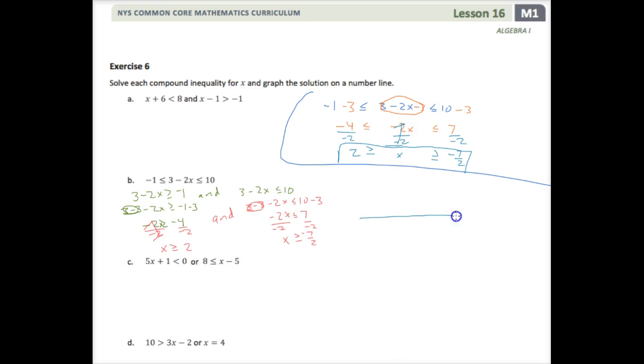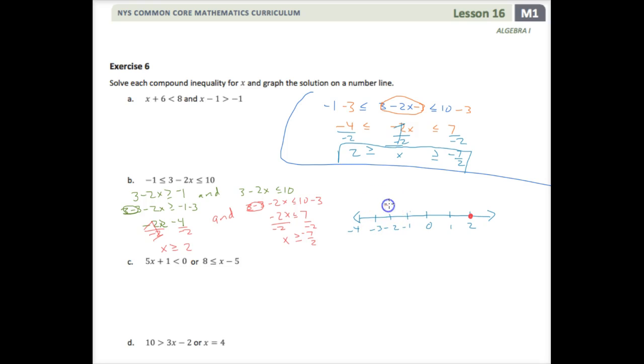So I'm going to go ahead here then, and I see that I get to have some solid dots again. Sorry guys, excuse me. 1, 2. I'm going to go ahead and make that 0, 1, 2. And then I'm going to come down here, negative 1, negative 2, negative 3. I'm going to give myself one more, negative 4. So 2 is pretty easy to find. Go ahead and give ourselves a nice solid dot on 2. And then x is between that and negative 7 halves. That means we're going to come down because we're between, and negative 7 halves is below here somewhere.